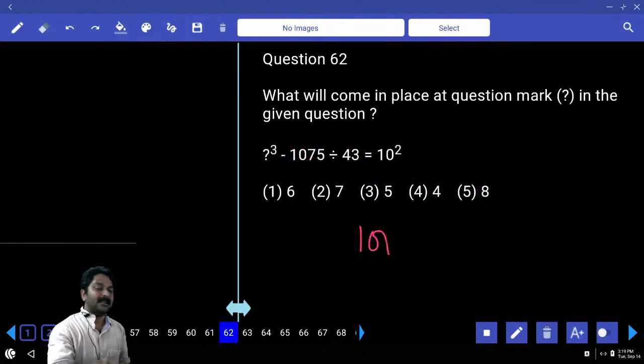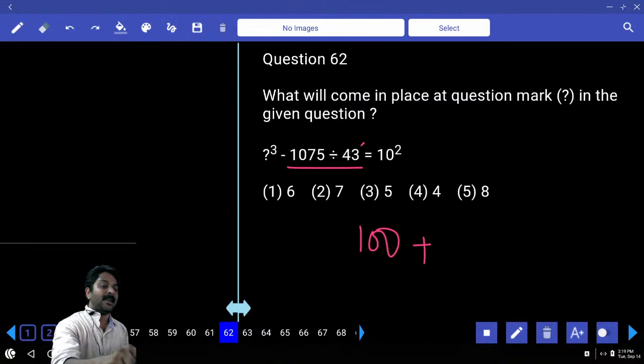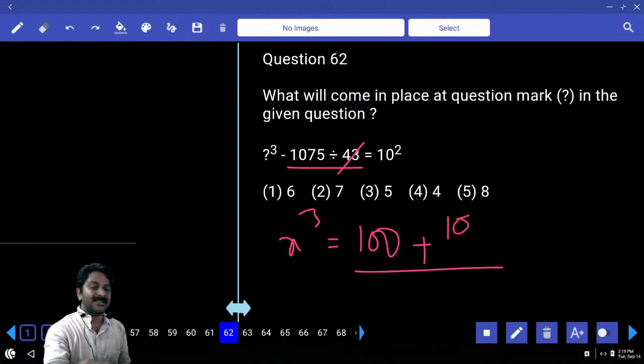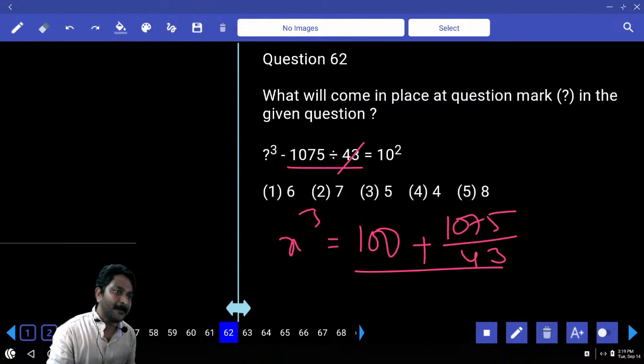10 square, 100. This value goes to right hand side and becomes plus only. Now, x cube is equal to 100 plus 1075 divided by 43. Is this clear?